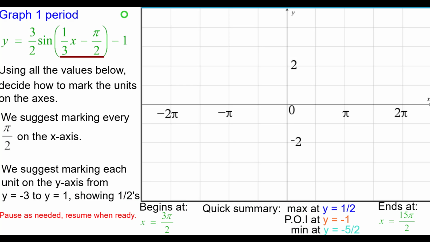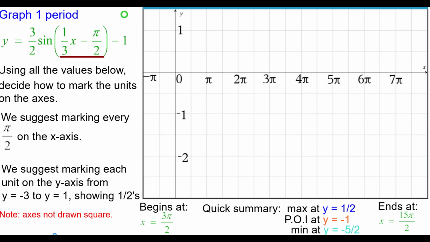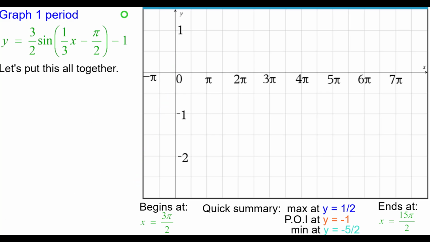Pause to do that. Notice the axes are not drawn square, but there's our pi over 2 markings along the x-axis, and also 1/2 along the y-axis.